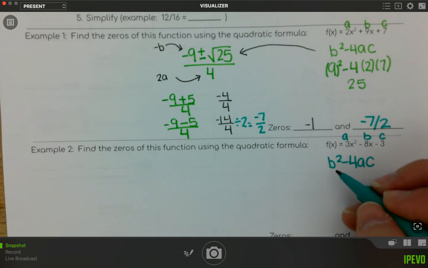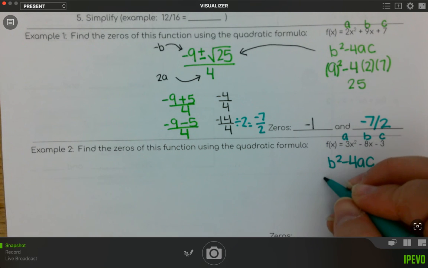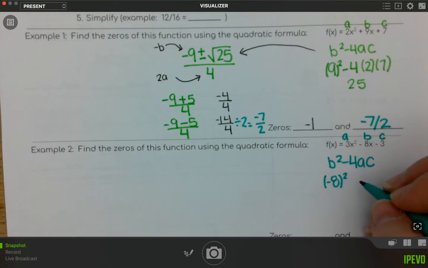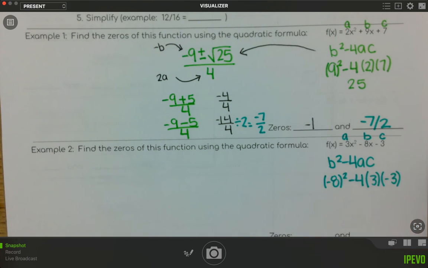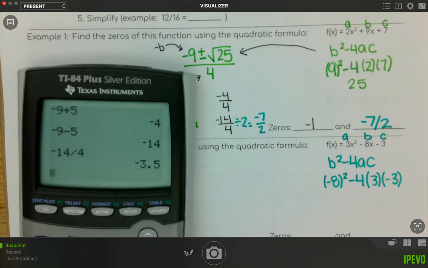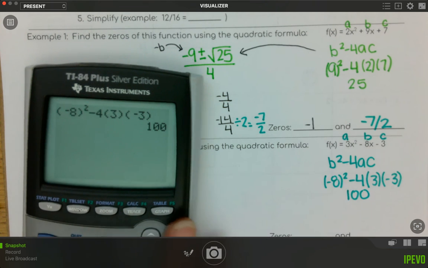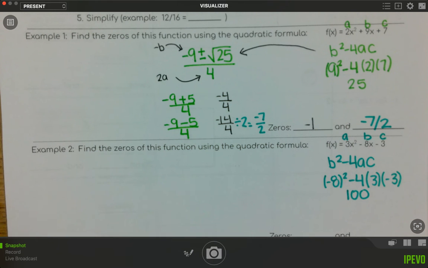And we're going to do b squared minus 4ac first, which hopefully you're getting a little used to because we did it in 6.5 or 7.5 as well. So b is negative 8 squared minus 4, a is 3, c is negative 3. Calculator it up. 100. That's the number that goes in the square root.